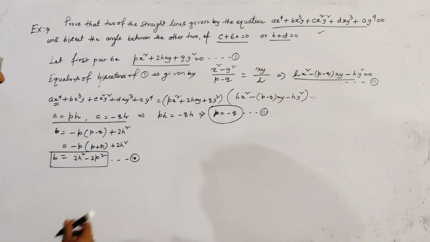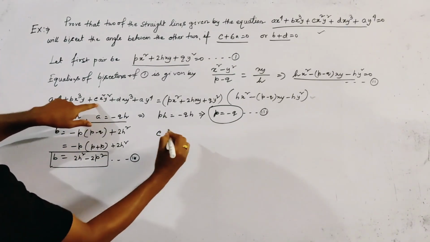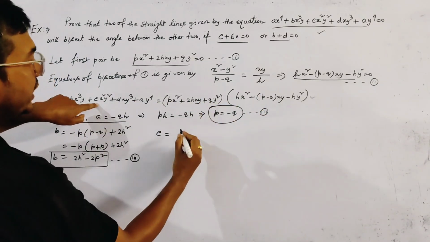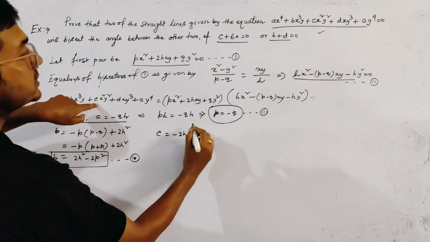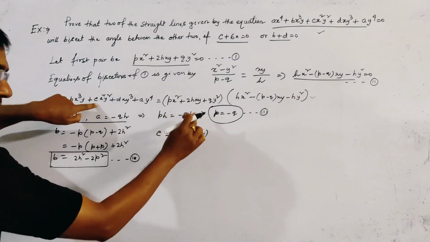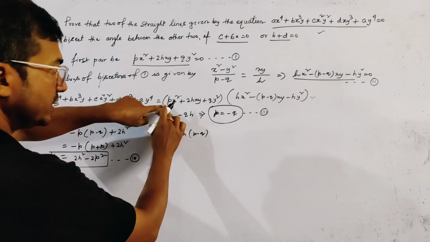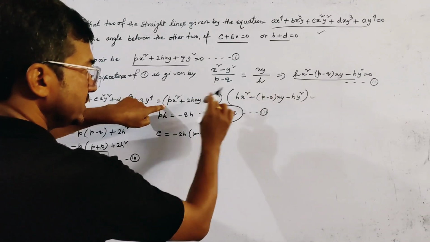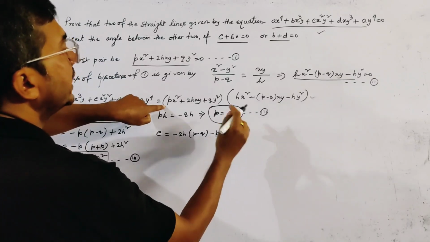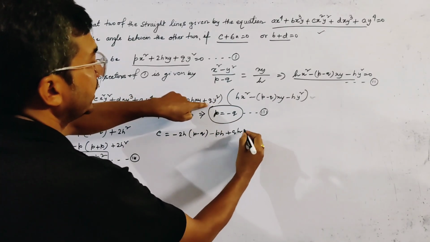Now the coefficient of x^2y^2 is given by c. What is c? From here we get -2h(p - q), and we also get another two terms: p into -h and q into h plus q into h.